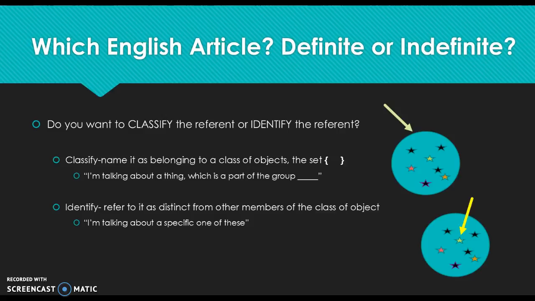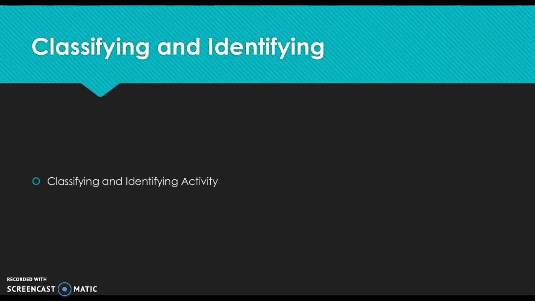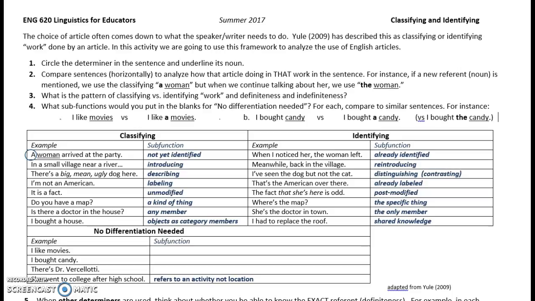Okay, so for this, we're going to look more closely at the classifying and identifying work in an activity. In this handout, we're going to look at the determiners in the given sentence.